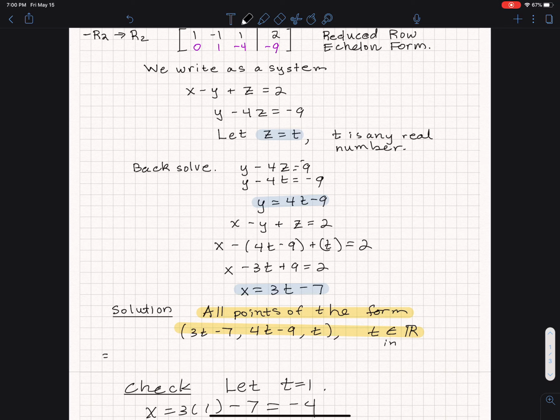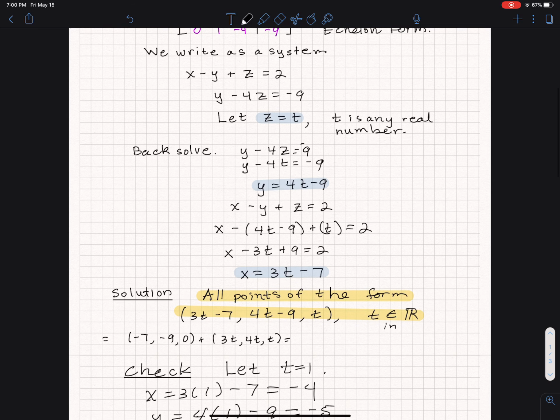You can write this as (-7, -9, 0) plus (3t, 4t, t). That's a point. What I'm doing now is writing this as a vector. So you could write this as (-7, -9, 0) plus t times (3, 4, 1).